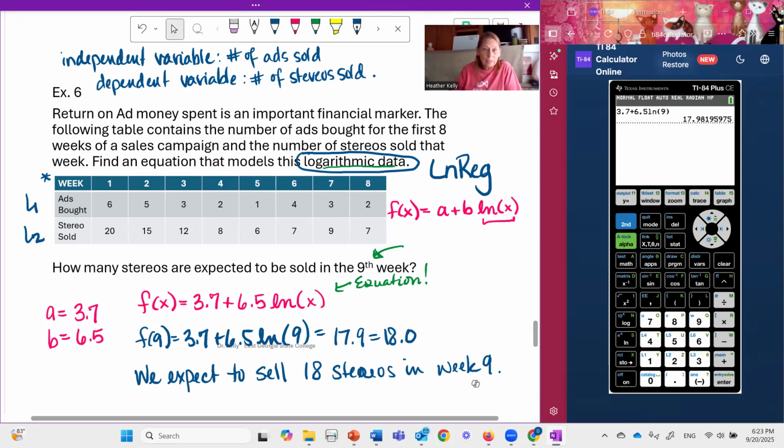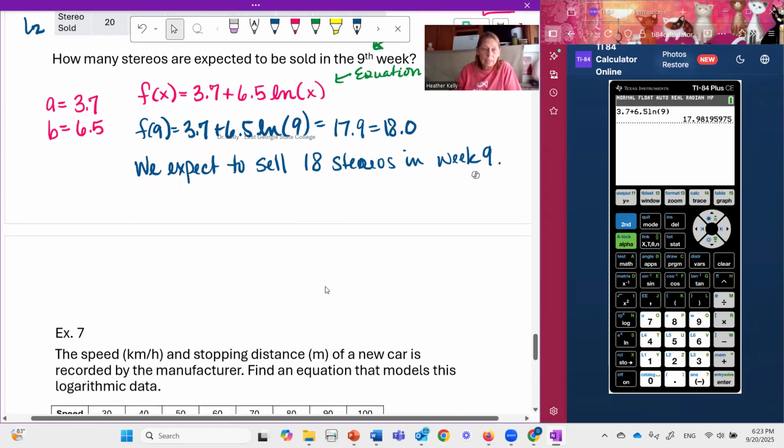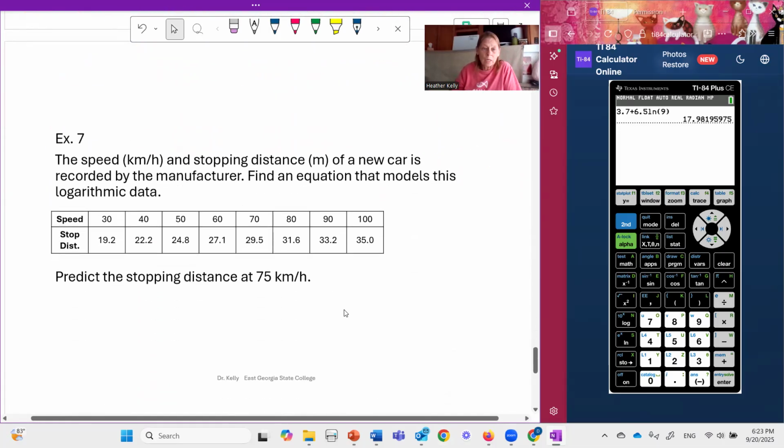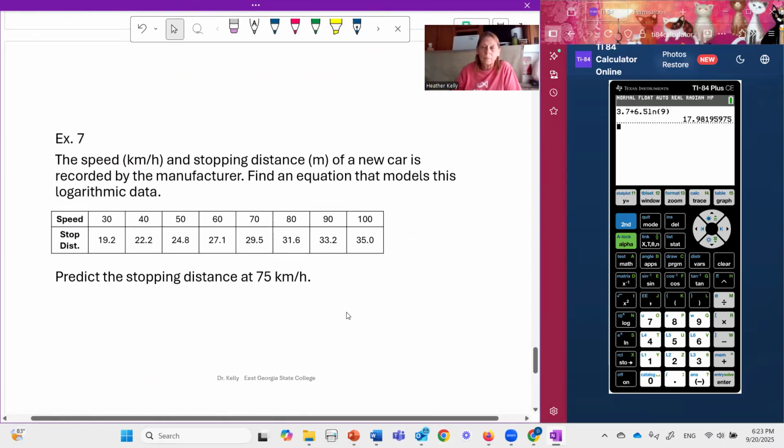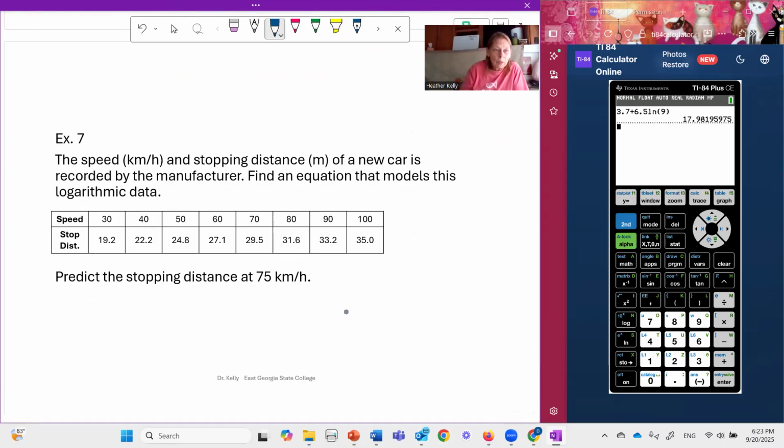All right. Let's hit one last one. This one is also a logarithmic problem. Here we have our L1 and our L2. So let's just put in our information here.